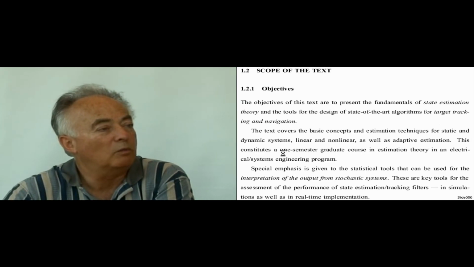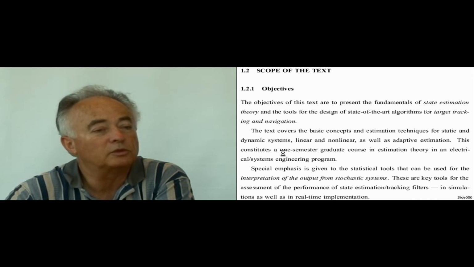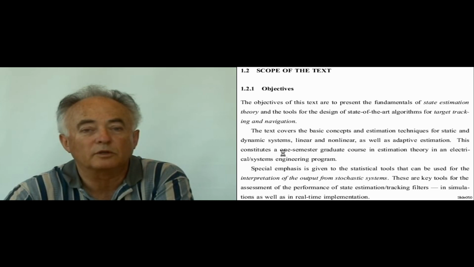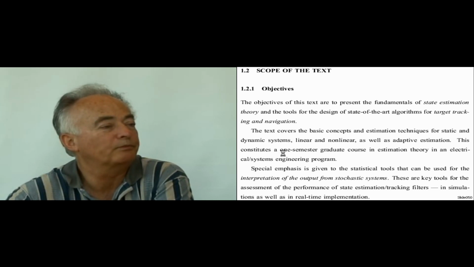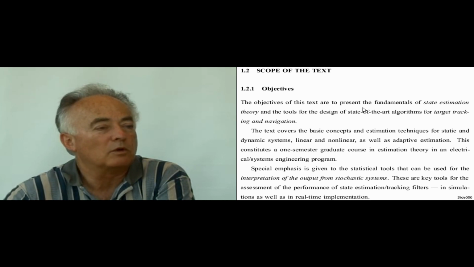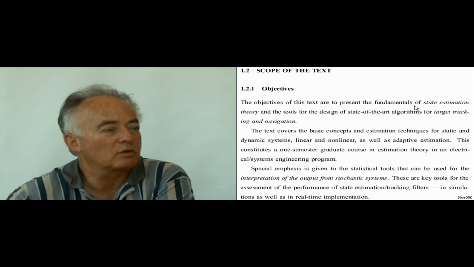Okay, with this introduction, we'd like to provide a quick description of what the main part of the course will consist of. We want to study the fundamentals of state estimation theory and the tools for the design of state-of-the-art algorithms.